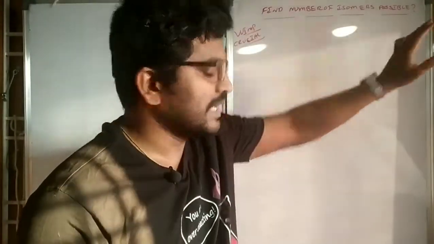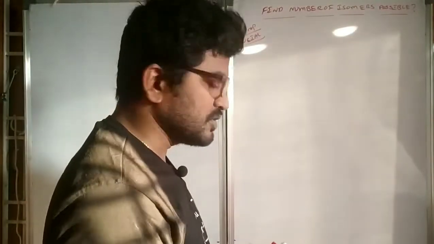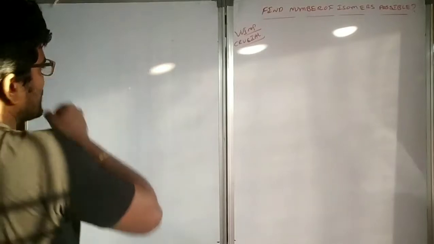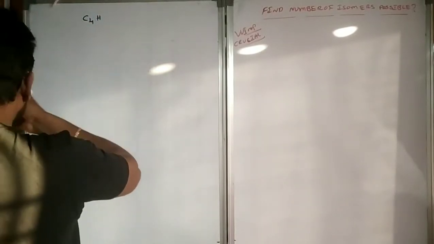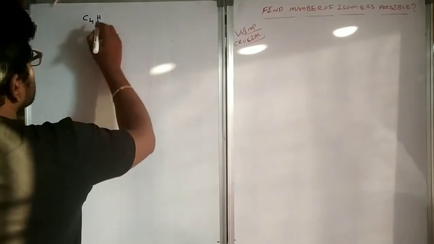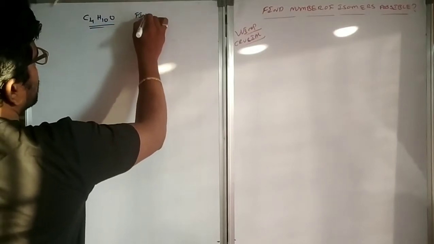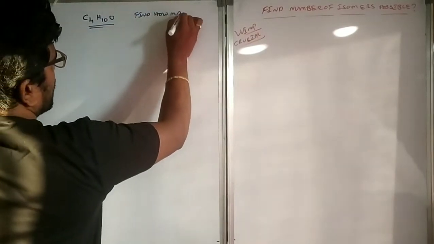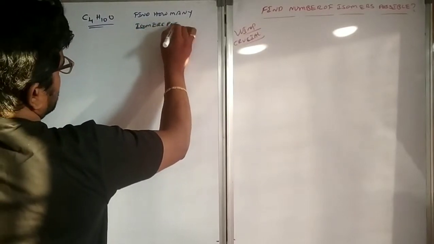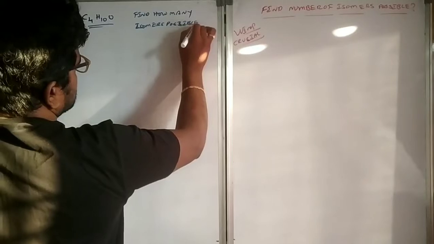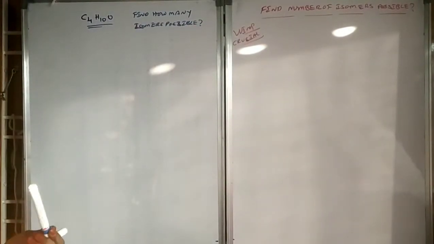Find number of isomers possible. Let me tell you how they will ask one question. C4H10O, find how many isomers are possible.